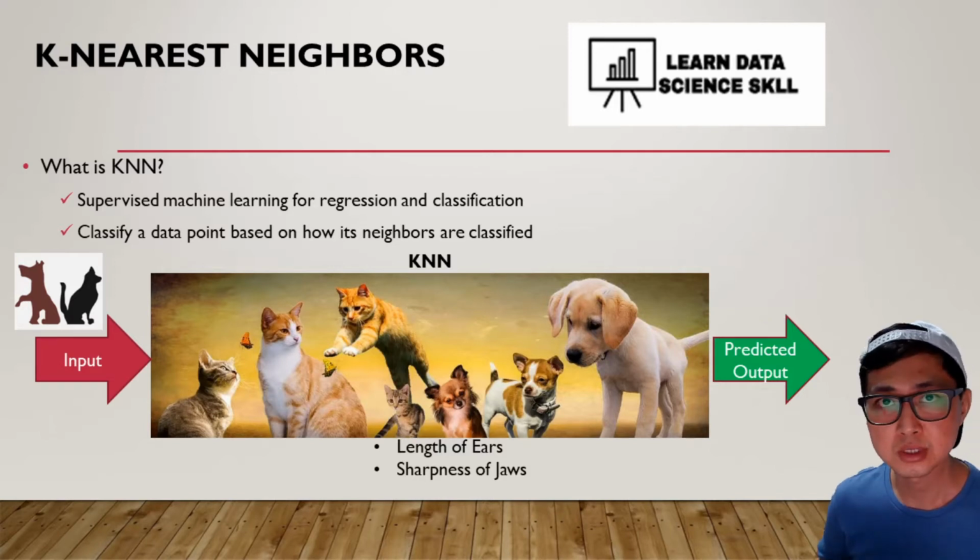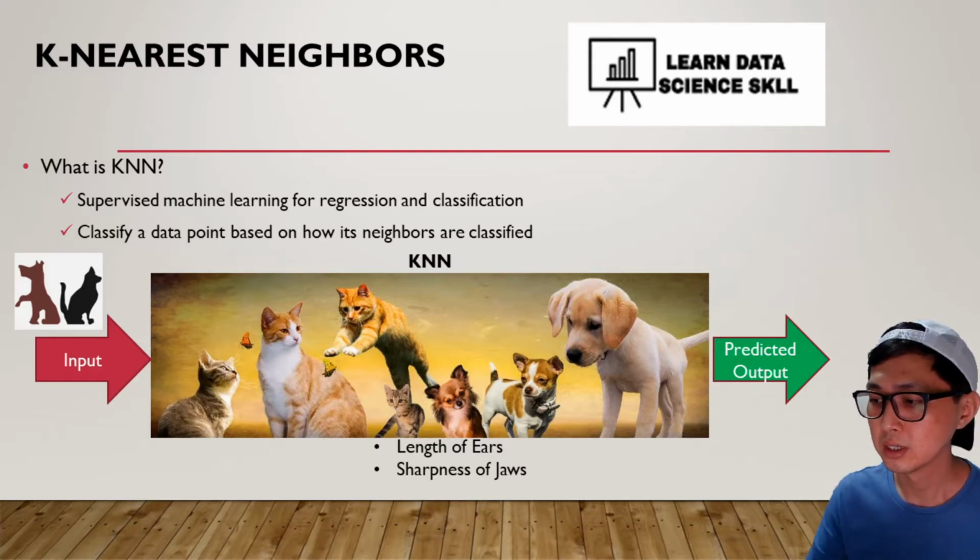So the important term here is the neighbors, and the number of neighbors is also important, which is the K that we're talking about here.